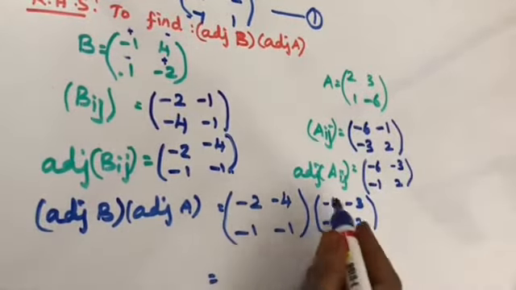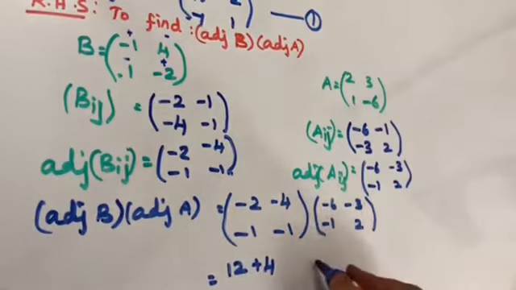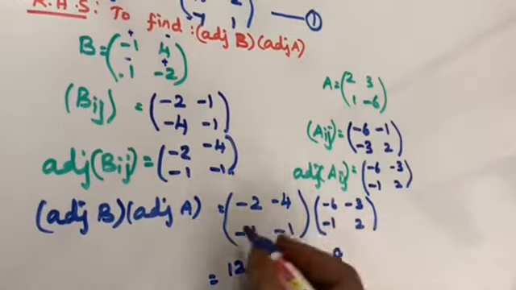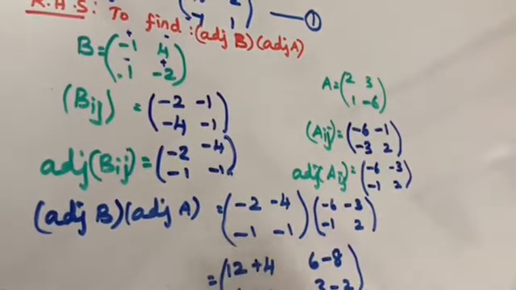Minus 2 into minus 6, 12 plus 4, 6 minus 8, 6 plus 1, 3 minus 2, 1.